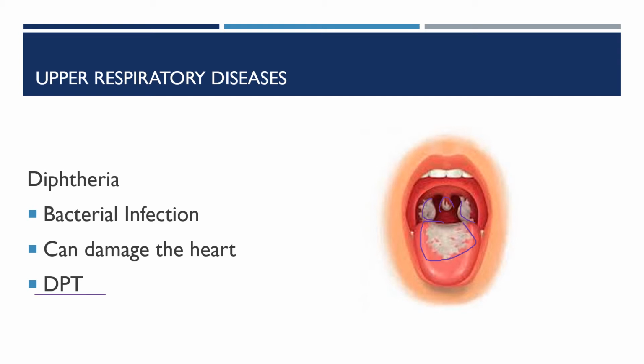DPT is diphtheria, pertussis, and tetanus. And the DPT vaccination helps prevent children into adulthood from contracting diphtheria if they are exposed to it.